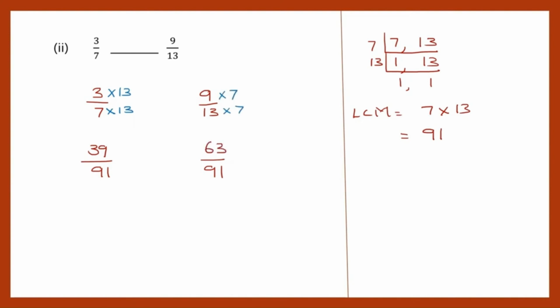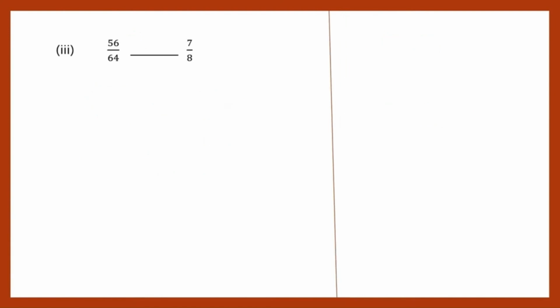We have like fractions now. Look at the numerators. The greater numerator is 63. So this is the greater fraction. So we write 9 by 13 as the greater fraction. And the numerator, if you can see, 63 is greater. So 9 by 13 is the greater fraction.